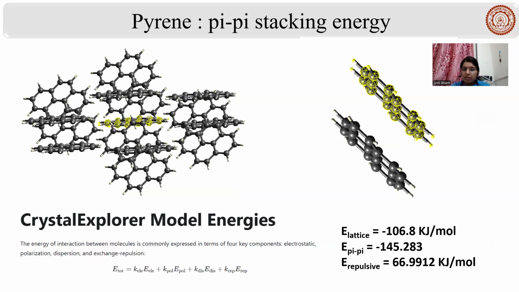If I calculate the contribution, it will come to more than 100%, because obviously it's more negative. But why is it more negative? Because while calculating the total lattice energy, we take into consideration the repulsion part also, which is positive energy. But in the dispersion calculation, the pi part, it's only an attraction, so it has only the negative portion. So these are the values I got from this calculation.